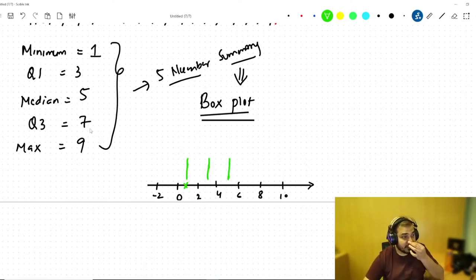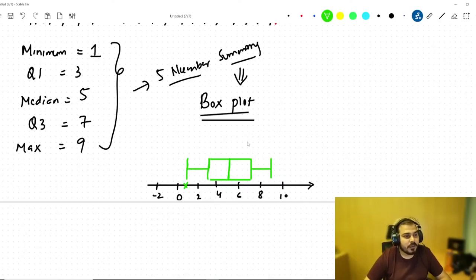Q3 is nothing but 7. So this is your 7. And max is nothing but 9. So this is your 9. Now all you have to do is join these lines and join these lines. So this exactly is your box plot.